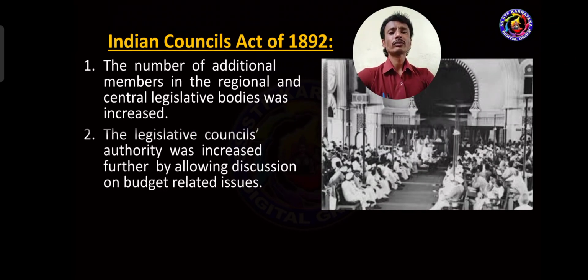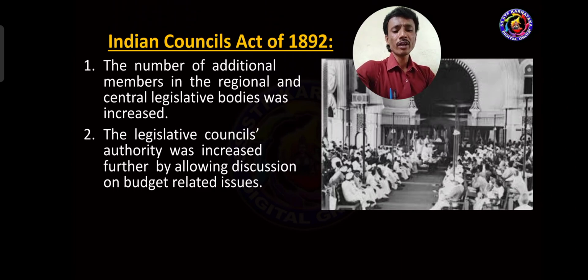Got it? And the legislative councils' authority was further increased by allowing discussion on budget related issues. Keep this in mind. The legislative councils, meaning different kinds of parliaments, had their authority increased further. What is the meaning of further? Encouraging, promoting. Indians at the state level and central level were also involved in discussing the grant of the budget.